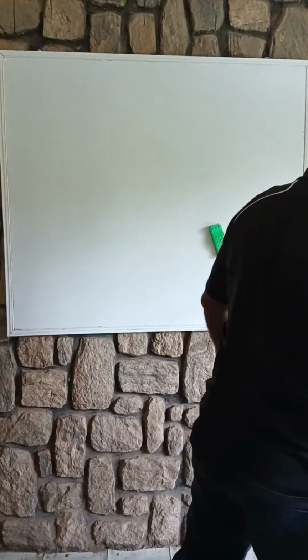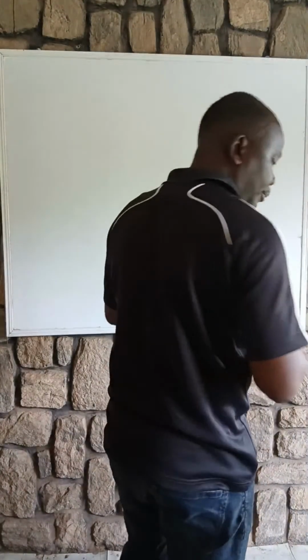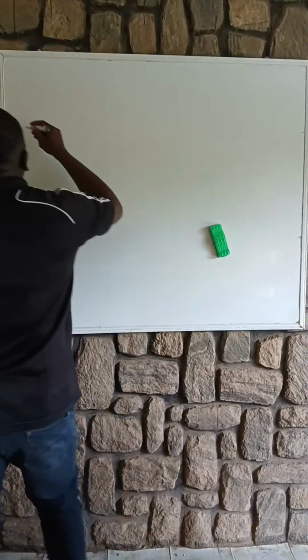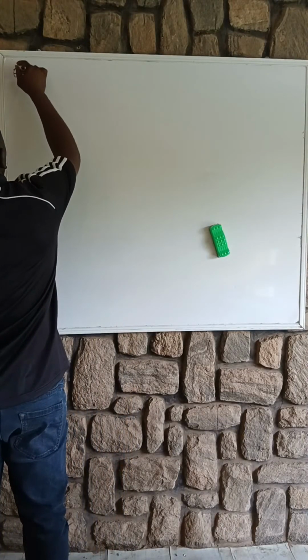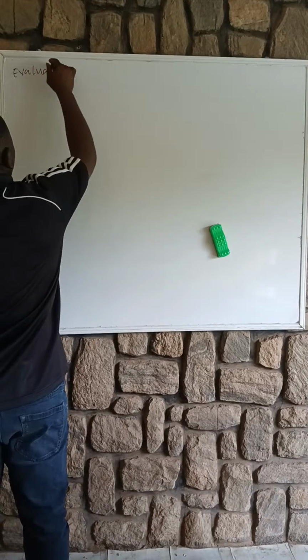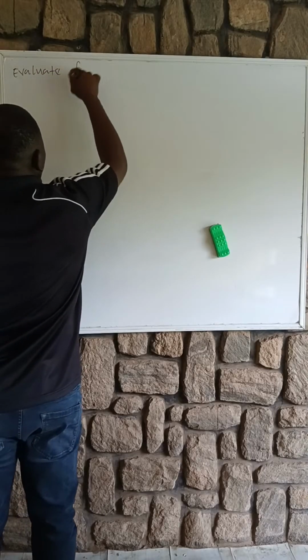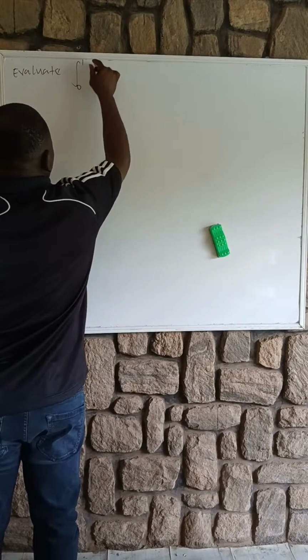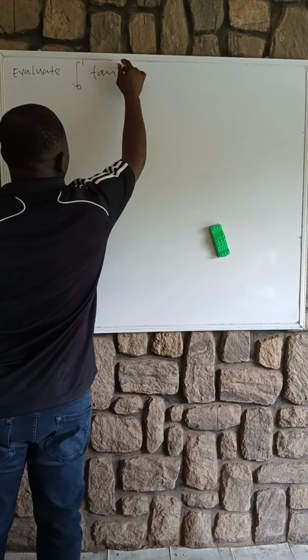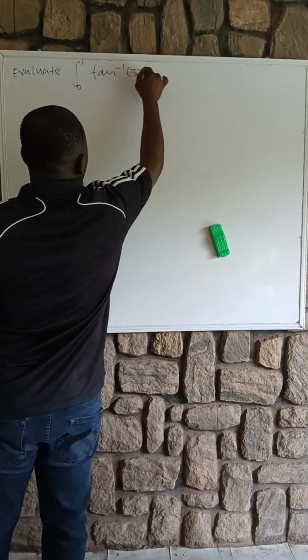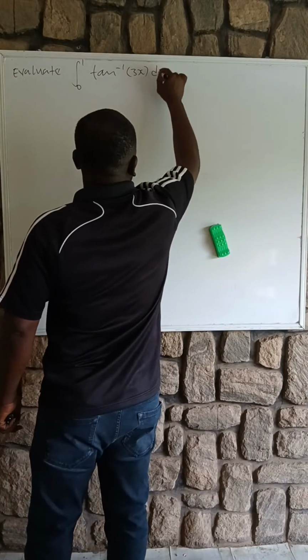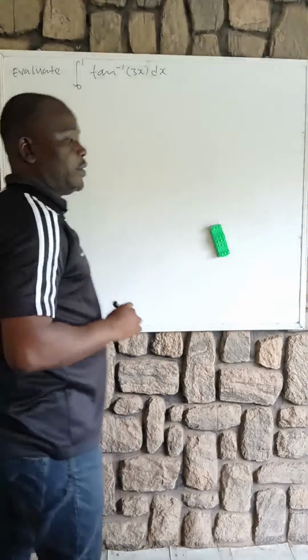Okay, let's look at this. It said evaluate the integral from 0 to 1 of tan inverse 3x. The x is as simple as ABC.